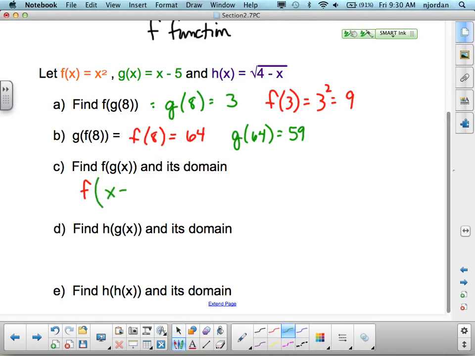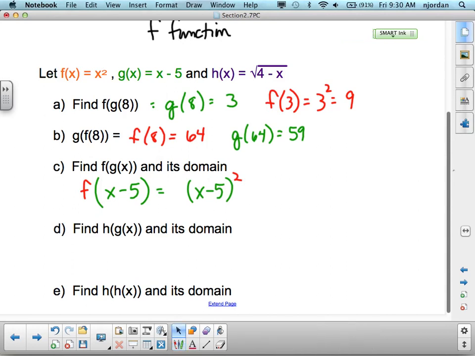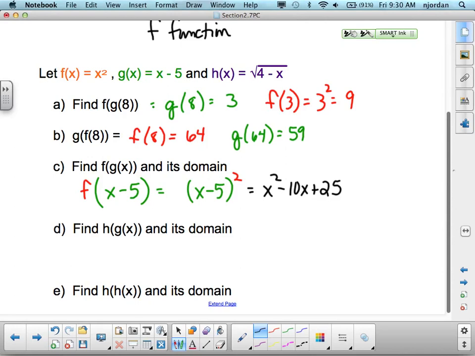My g function is x minus 5, okay? So I'm going to take that g function and fill it into the f function. And the f function says to square whatever your input is, okay? So my result would then be x squared minus 10x plus 25, okay?